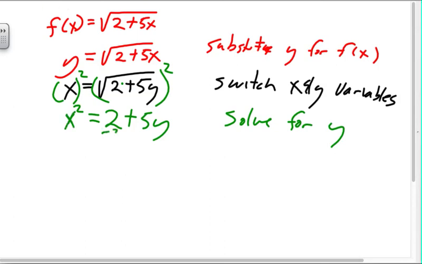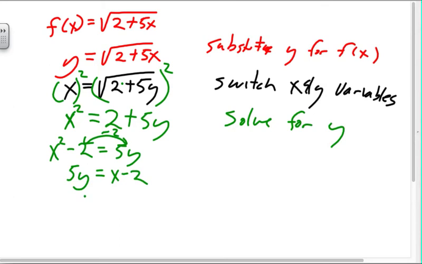So I'm going to subtract my 2. I end up with x squared minus 2 equals 5y. And I can switch sides on these now. And then I divide by 5. So y is going to equal x squared minus 2 over 5. Forgot my squared.